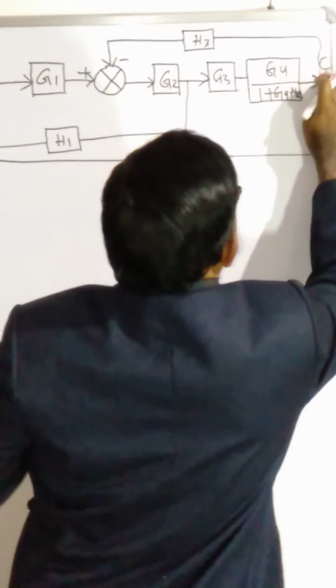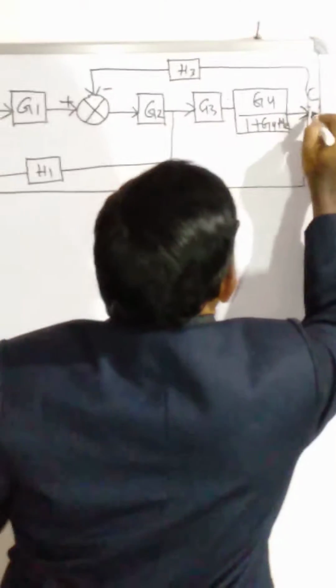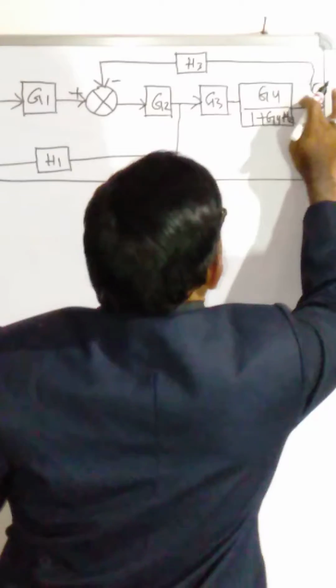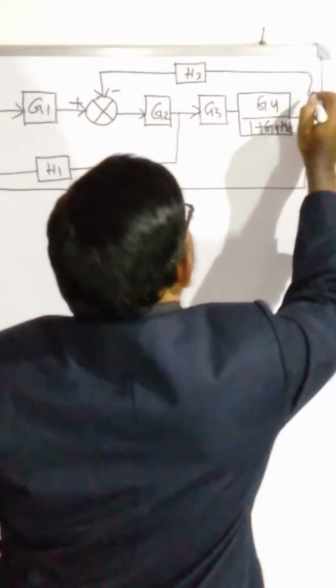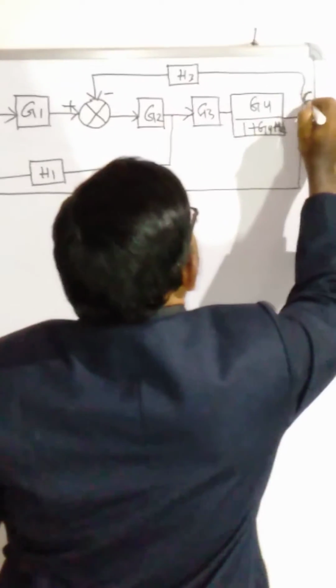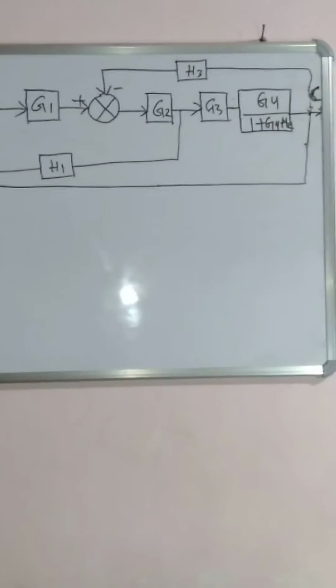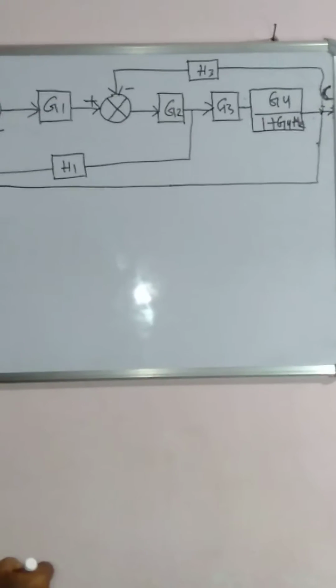So this is step 1. This is C. So next step, there is no forward path loops.